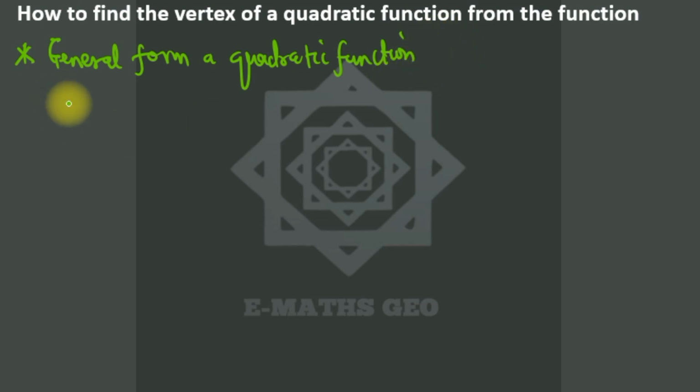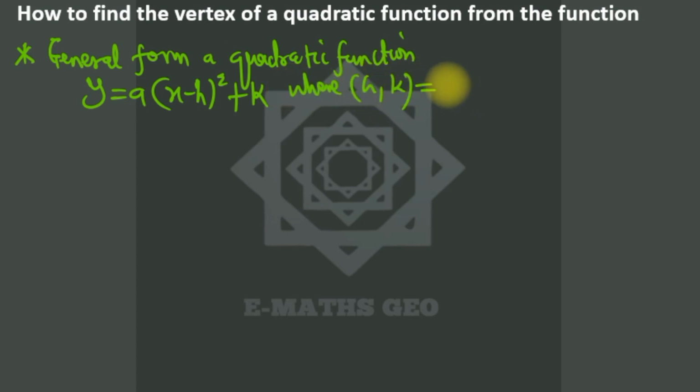That is, every quadratic function is always equal to y equals a(x minus h) all squared plus k, where the coordinate (h, k) is the vertex. So we need to transform the function to look like this. So here (h, k) is the vertex, which is what we are looking for.